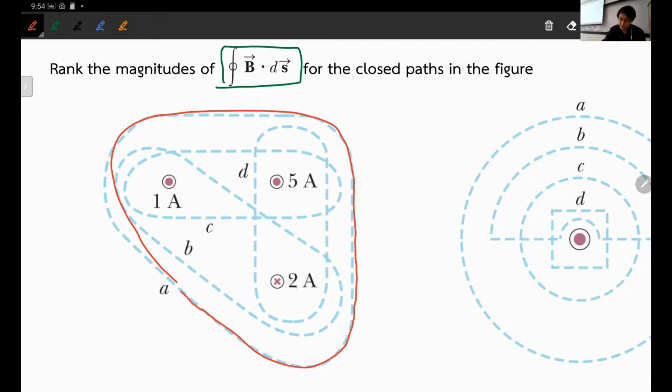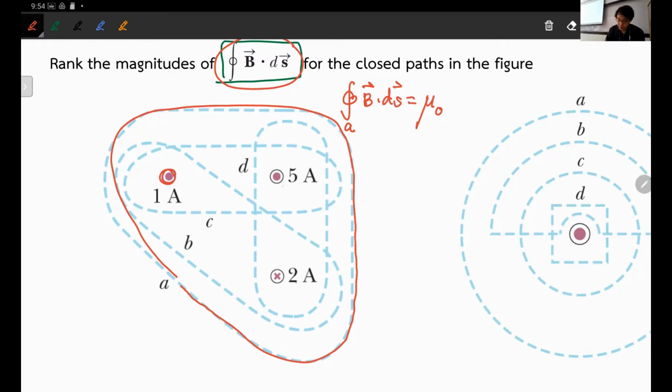And if I do this line integral thing along this loop A, my calculation, B dot ds will be equal to what? I'm saying it's going to be equal to mu naught times, look at this. There is 1 ampere shooting towards you, 5 ampere shooting towards you, and 7 amperes shooting away from you. You guys with me?